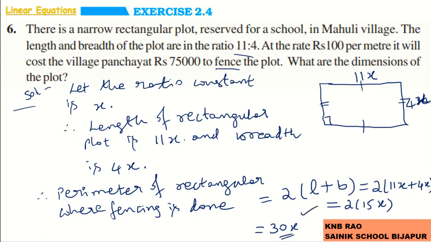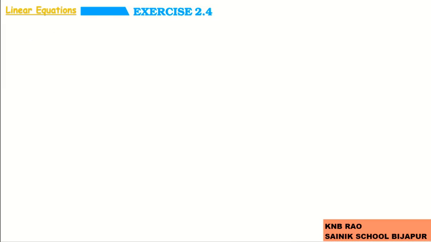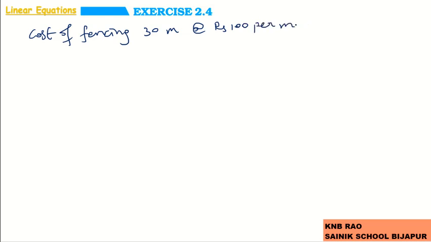Now, continuing further, cost of fencing, 30x meters at rupees 100 per meter is rupees 75,000.